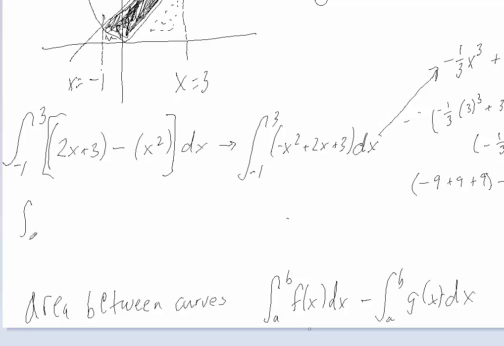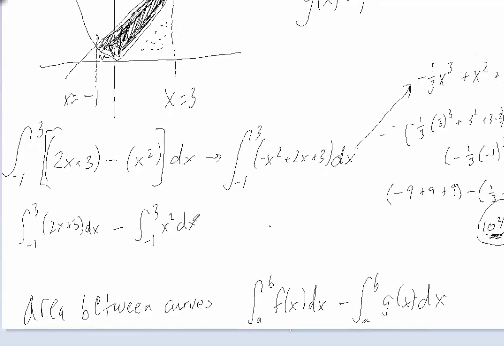Let's look at the area under 2x plus 3. And from that, we'll subtract the area under x squared.